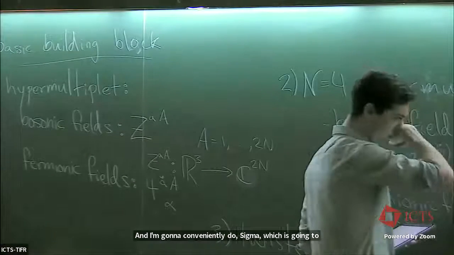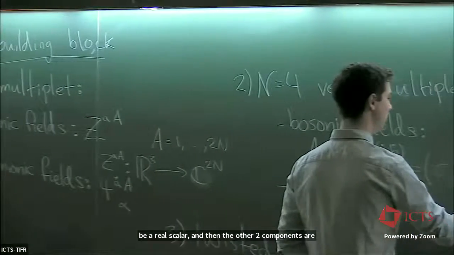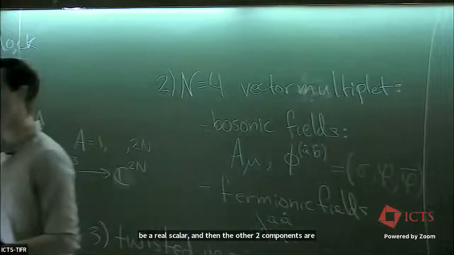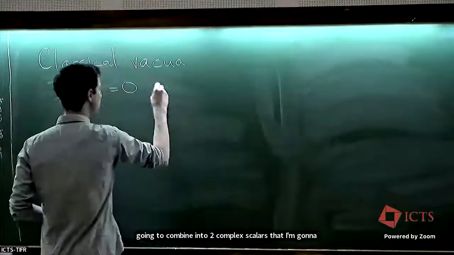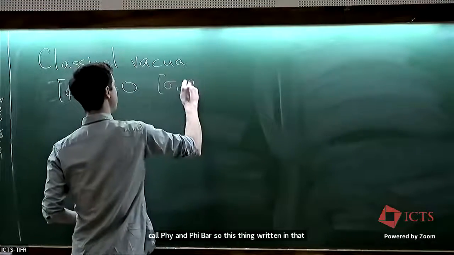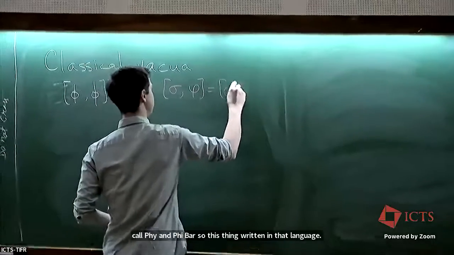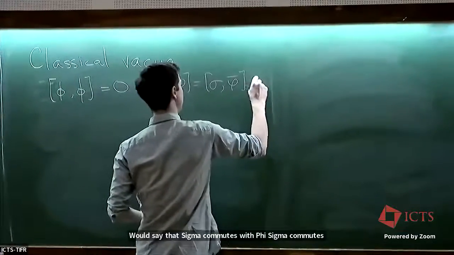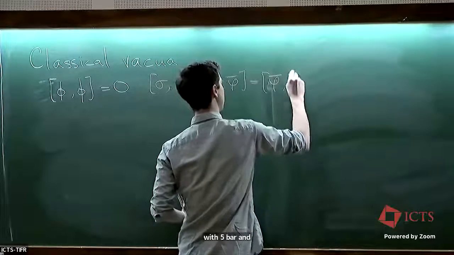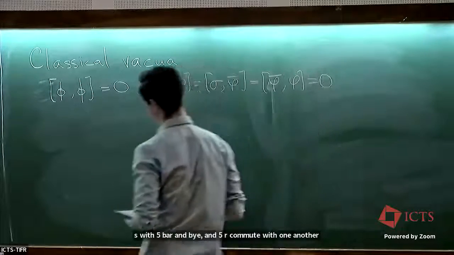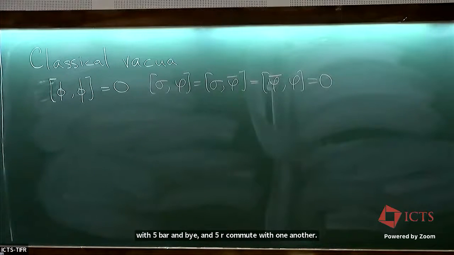And then the other 2 components are going to combine into 2 complex scalars that I'm going to call phi and phi bar. So this thing written in that language would say that sigma commutes with phi, sigma commutes with phi bar, and phi and phi bar commute with one another. That's one of the classical vacuum equations.